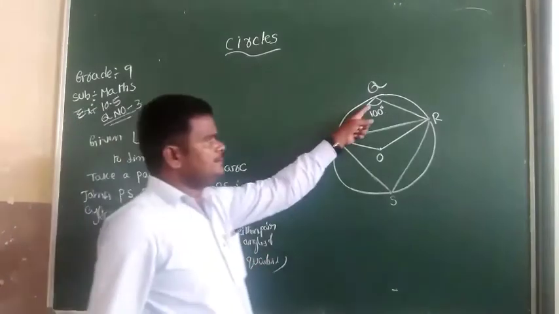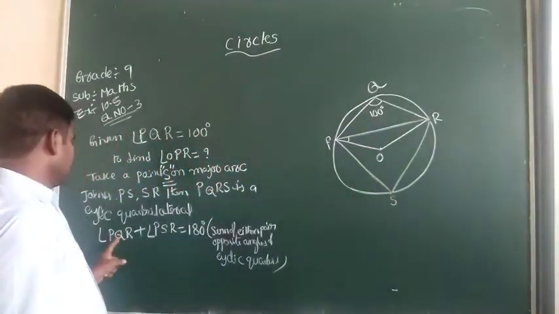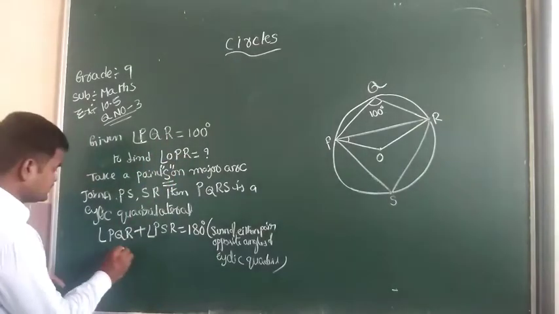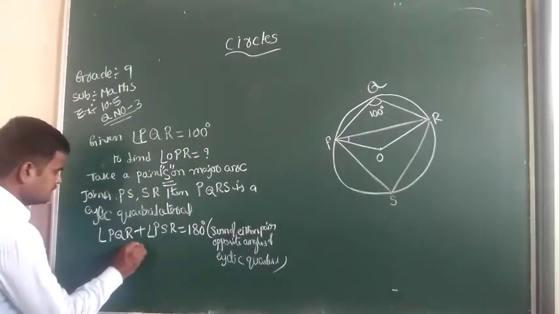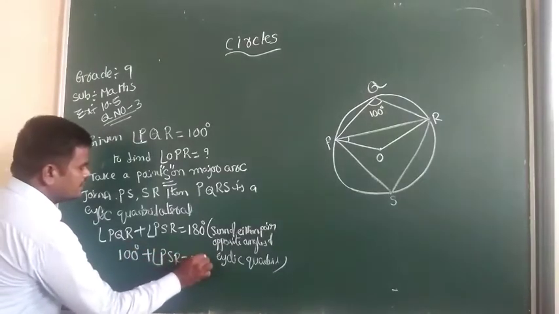So this angle plus this angle equals 180 degrees. Angle PQR is given as 100 degrees, so 100 degrees plus angle PSR equals 180 degrees.